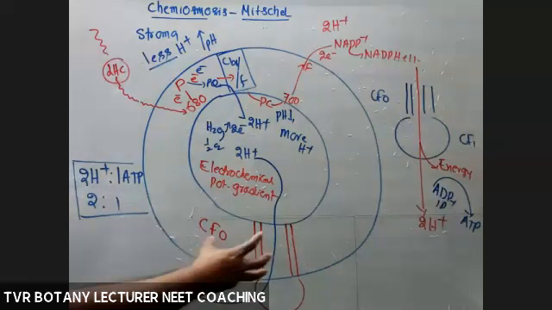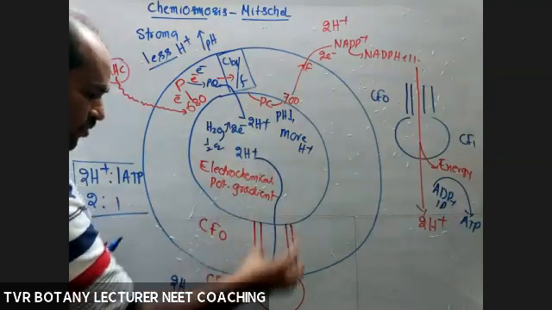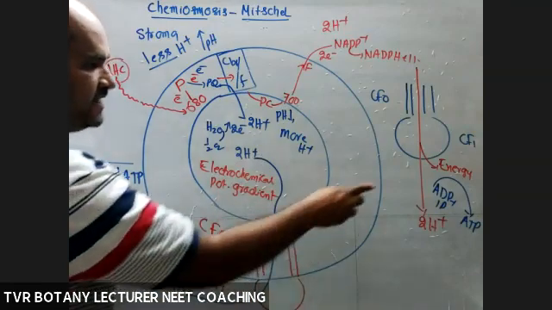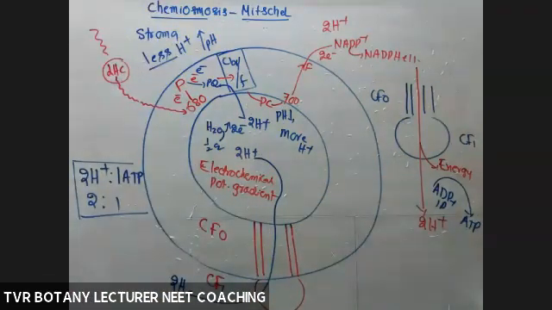So what is the role of this protein? Transportation of protons, breaking the proton concentration gradient, and the synthesis of ATP molecule out of the energy coming from transportation of H plus.